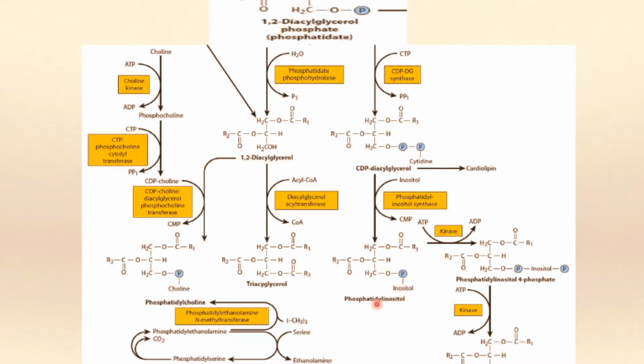This phosphatidylinositol subsequently undergoes a kinase reaction and gets phosphorylated in response to the action of neurotransmitters or hormones. So phosphatidylinositol has the ability to phosphorylate additional hydroxyl groups and forms phosphatidylinositol 4,5-bisphosphate.